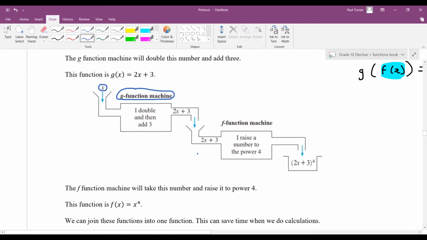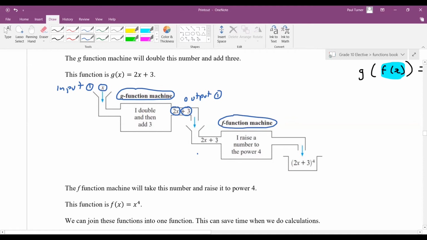So you double x here, and then you add 3, and you'll get a new number come out. So this is your input 1, okay? And then you'll get an output here, output 1.